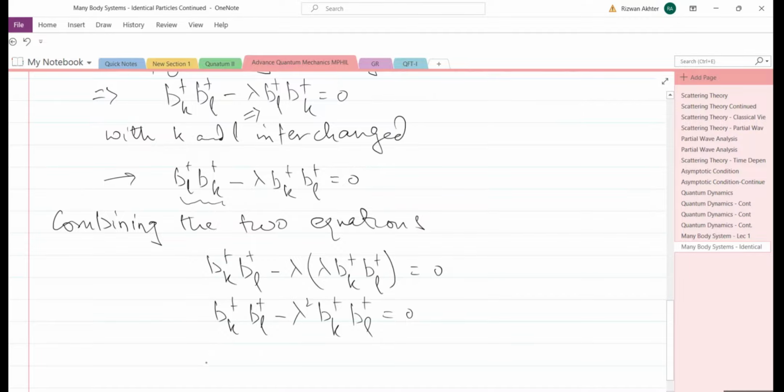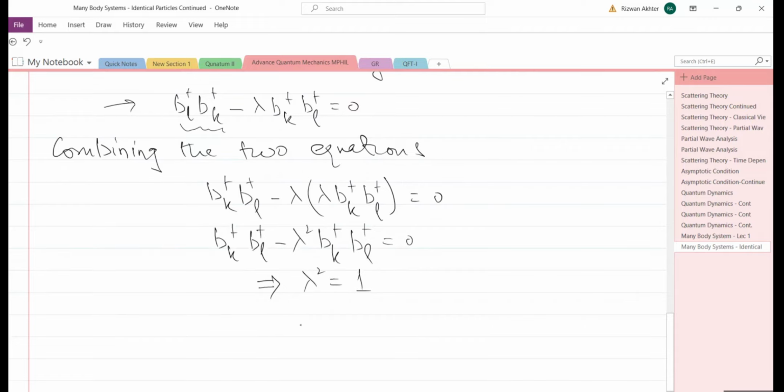And from this we could say lambda square is equals to 1, and we have lambda is equals to plus minus 1, which is a very interesting and important result which is obtained from this change of basis.